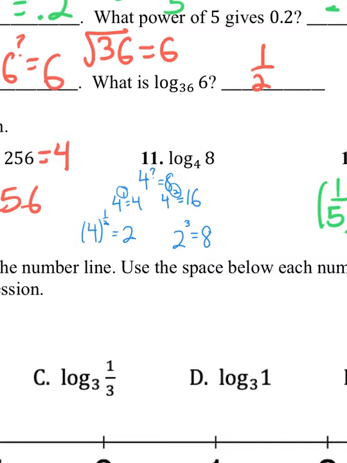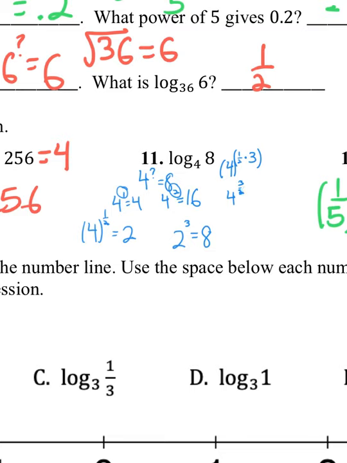So what we're really doing here to bridge this gap is we're going to take 4 to the 1/2 power, and then raise that answer to the 3rd power. So we're doing 1/2 times 3. 1/2 times 3 is 3/2. So the answer for this one is actually 3/2. That's how we get that value there.